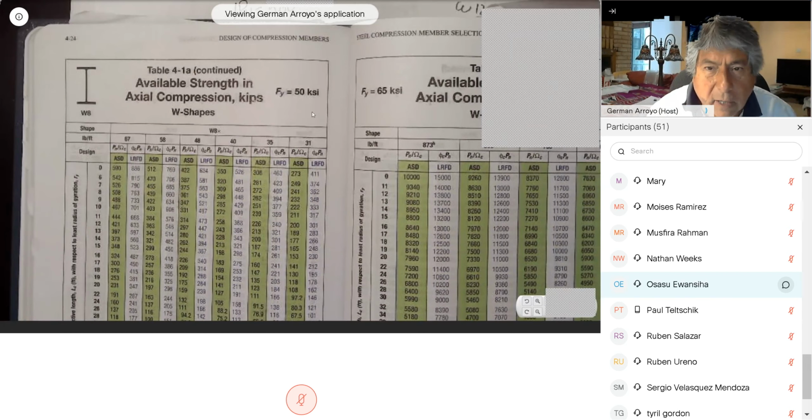I'm going to go to the previous page, follow me. What sizes do you see? 12. And again, organized from lighter to heavier. And let's go until we find a heavier one. What size do you see? 14.